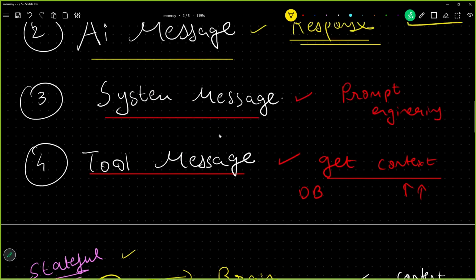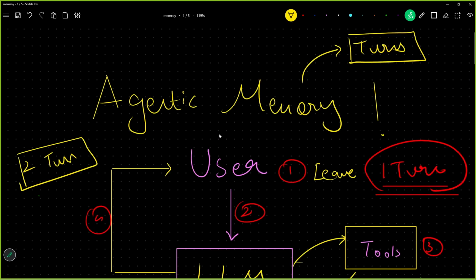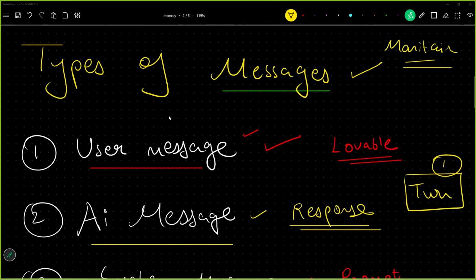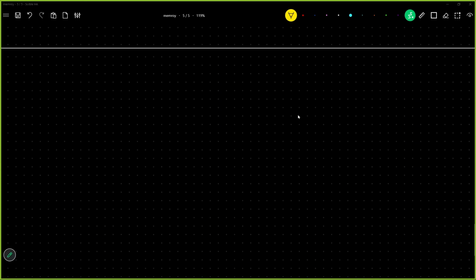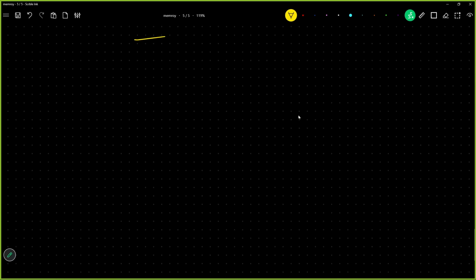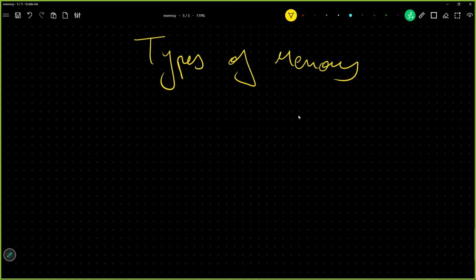Okay, now we are totally focusing on the memory of the AI agent. Now that we understand what agentic memory is, the need for agentic memory, and different kinds of messages, let us go ahead and understand the different types of memory. Currently, we have come a very long way in the concept of memory. We have developed graph-based memories, which is the most advanced way of maintaining memories.